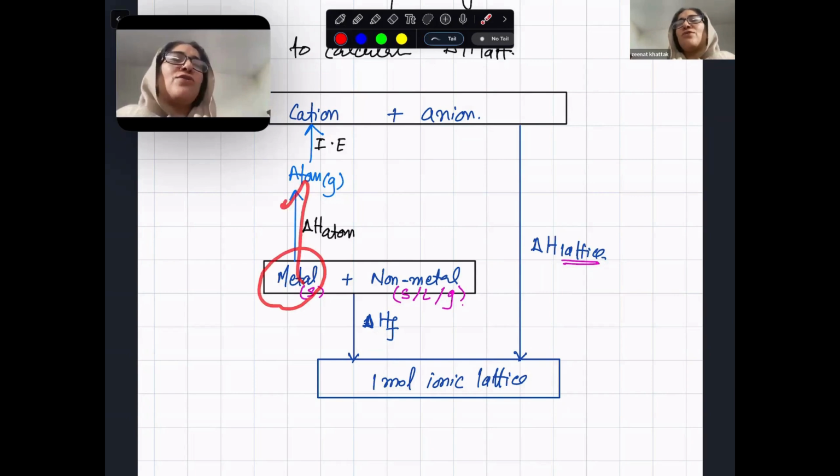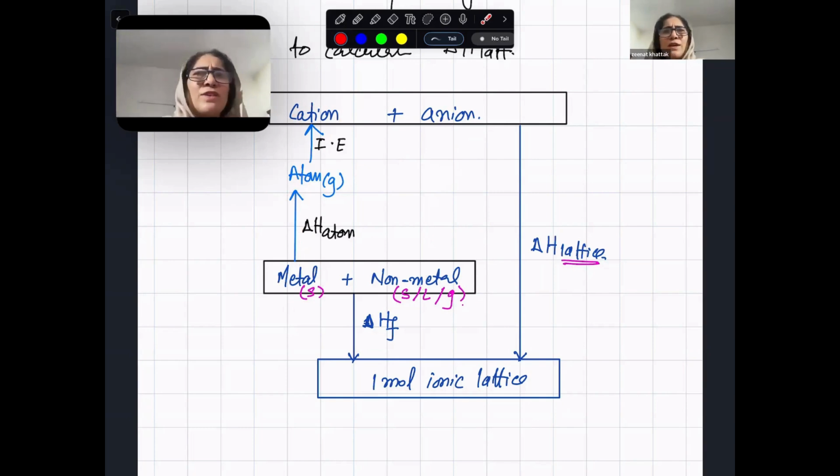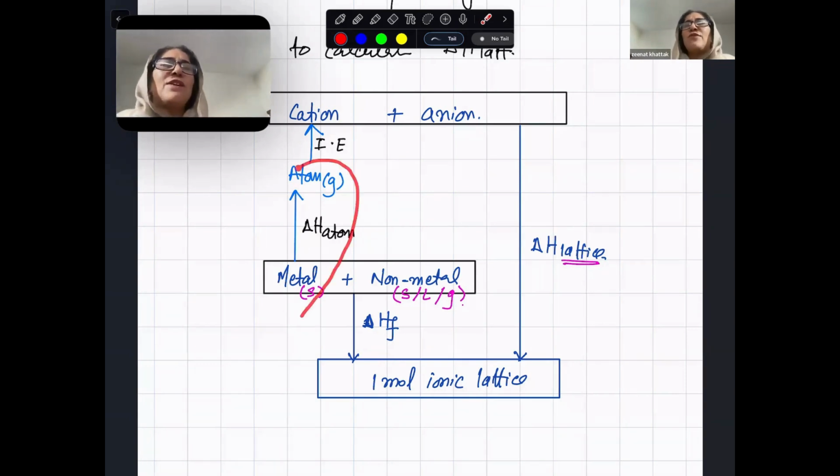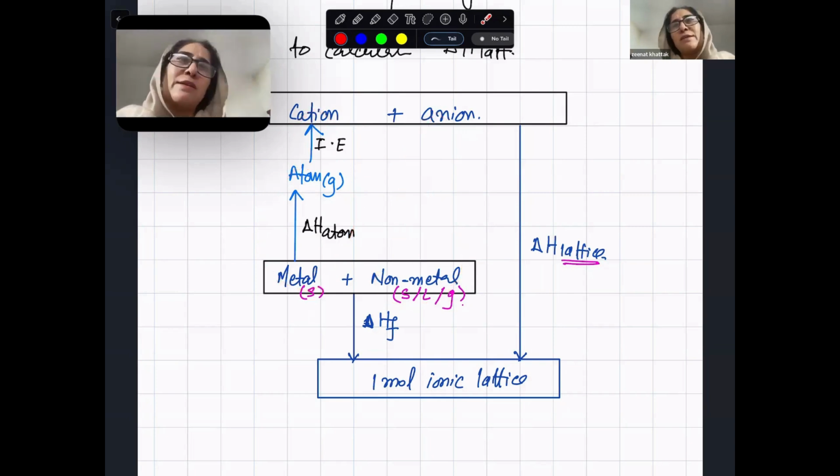The non-metal turns into atoms, and they gain these electrons to make anion, electron affinity. It's a redox reaction. The metal first turns into atom, then they lose electron. The non-metal turns into atom, then they gain the same electron to become an ion.